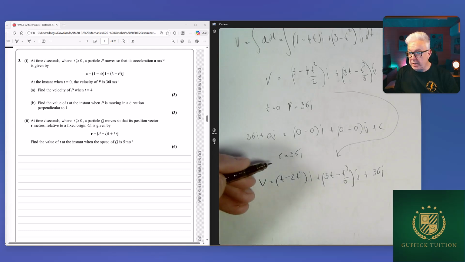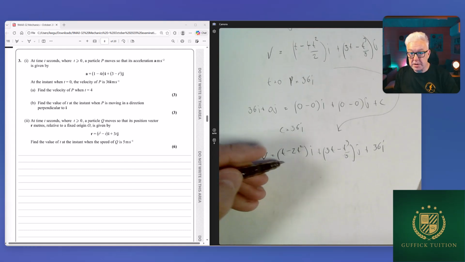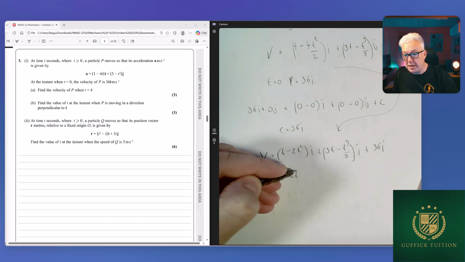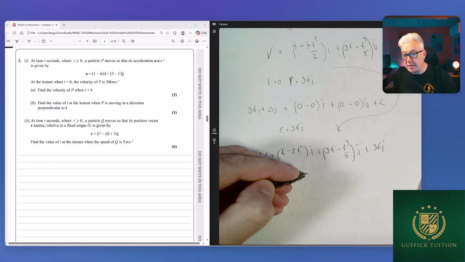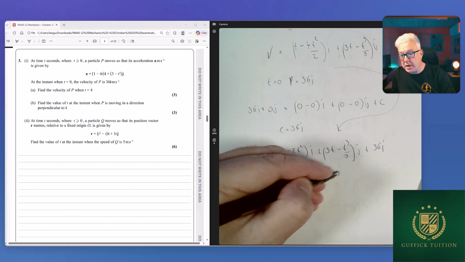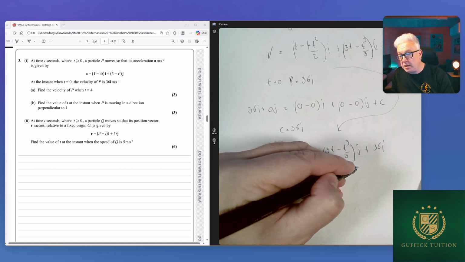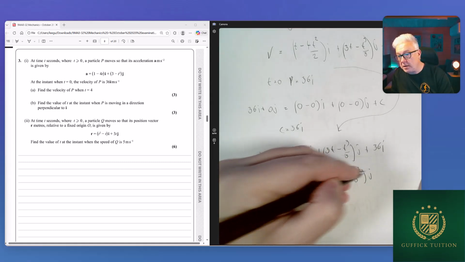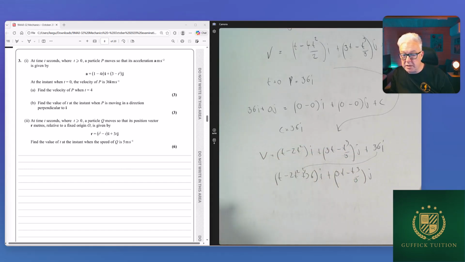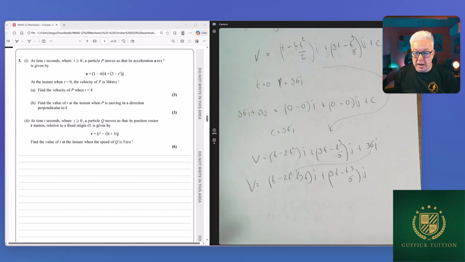So let's combine these two elements together. What we've got here is (t - 2t² + 36)i + (3t - t³/3)j. All I've done is take that 36 and bring it into the expression for the velocity. Okay, so far so good.